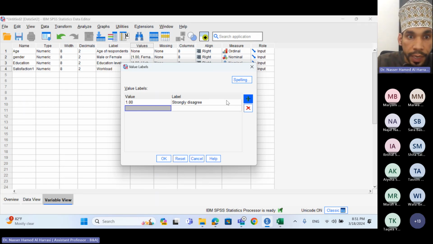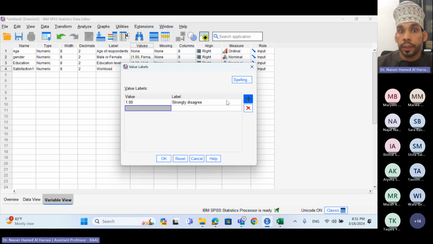See, in entering the data in SPSS, it is okay if you would like to start with strongly agree and finally strongly disagree in the questionnaire. But in SPSS, because I'm sure all of you are using positively worded questions, I don't want to confuse you with positive and negative statements. Just do what I'm doing now. 1 always equals strongly disagree.